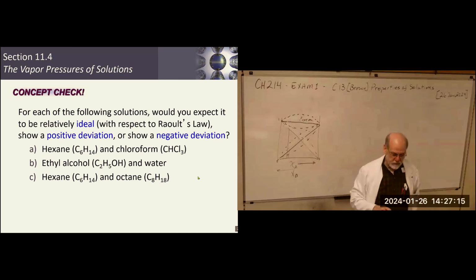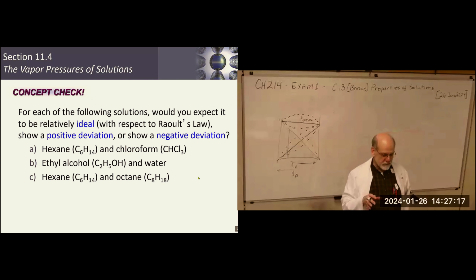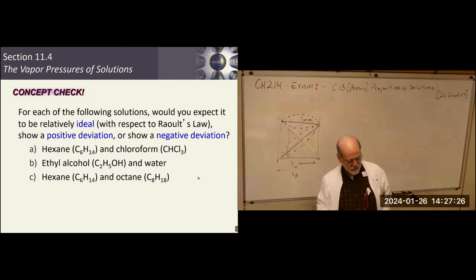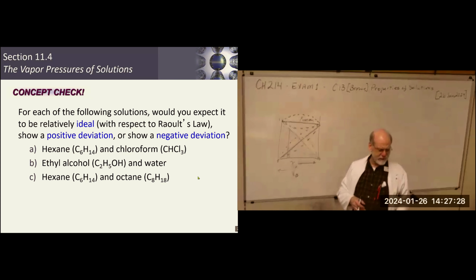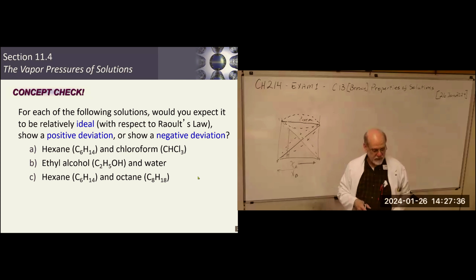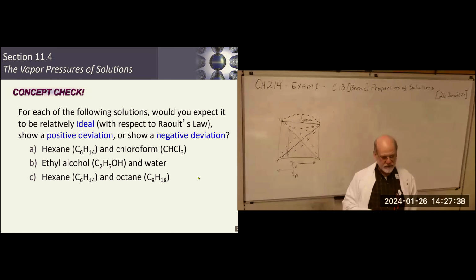Okay, for each of the following solutions, would you expect it to be relatively ideal with respect to Raoult's law, or show a positive deviation or a negative deviation? Well, let's look at what we got. Hexane and chloroform. Chloroform should be polar, even though slightly polar. So I would expect a positive deviation for hexane and chloroform.